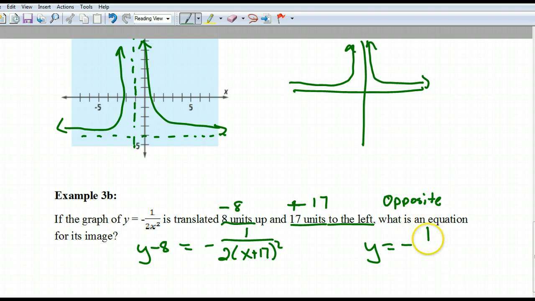Whatever way makes it easier for you. So if it's going to the left, it's going to be positive instead of negative. Okay? And it's going up by 8, so I'm going to put plus 8 right here. Okay, so whichever way works best for you. If you did it this way, you can solve for y, and you end up with the same thing over here.